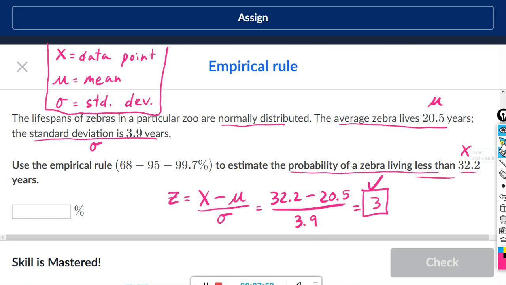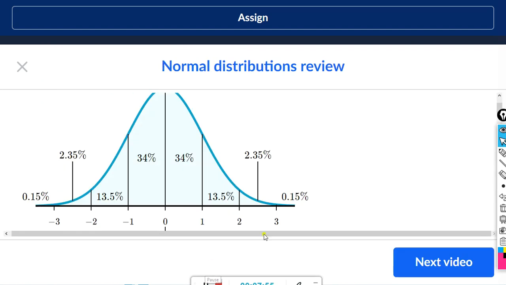So let's look at the curve once again. We said from our calculation that z equals 3. So we're right here, and we want to find the probability that it's less than that. So it is all of this data that is to the left of the 3.